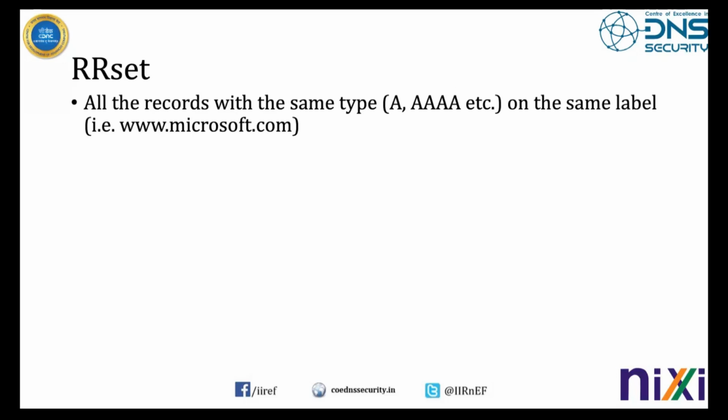All the multiple records are in one single RR set, which is resource record set. For example, if for Microsoft there are 4 A records and 2 AAAA records, the 4 A records will make one resource record set, and the 2 AAAA records will make another resource record set.